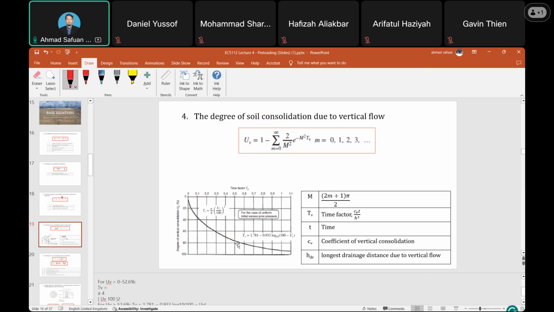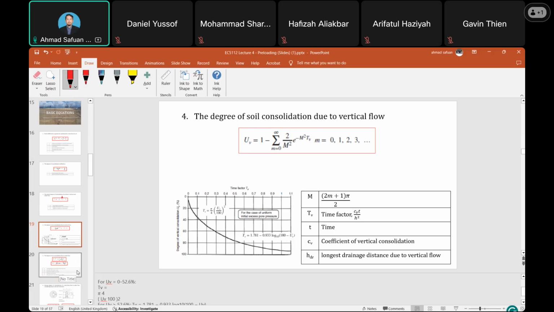Let's say if the UV is less than 52.6, then we use this first equation. If it's greater than 52.6, then we use these TV equations. So that is for the UV.